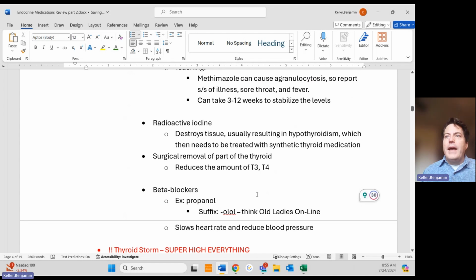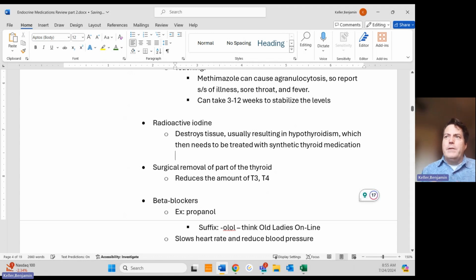The other options they have in here are going to be things like radioactive iodine, which destroys tissues, usually resulting in hypothyroidism, which you're like, oh, now we've got to give medication for hypothyroidism. Yeah, we do, but at least we can control that, where maybe we can't control the hyperthyroidism. It's easier to add more thyroid hormone to something.